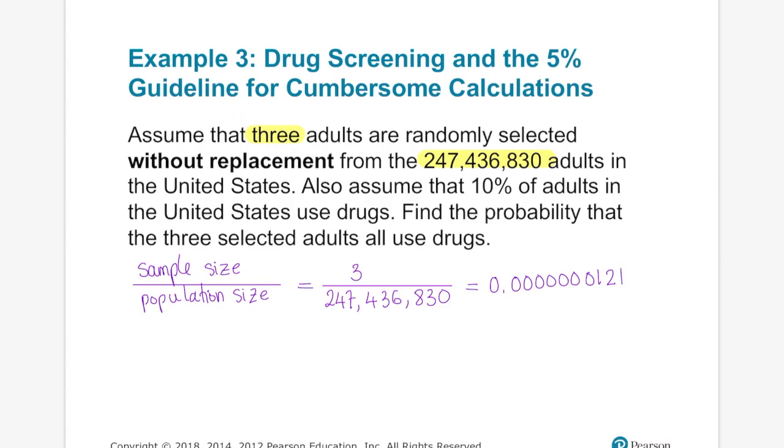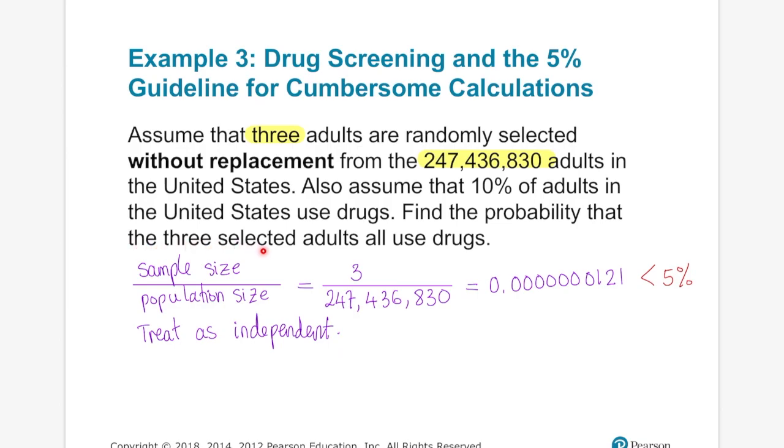Using the 5% guideline, if the sample size is less than 5% of the population size, we can treat this as independent. So this is less than 5%.